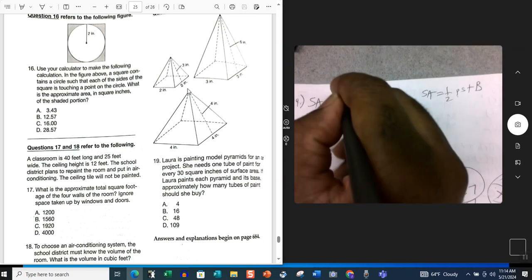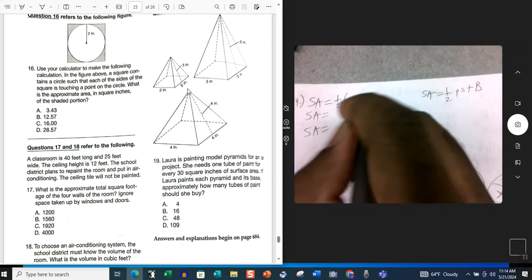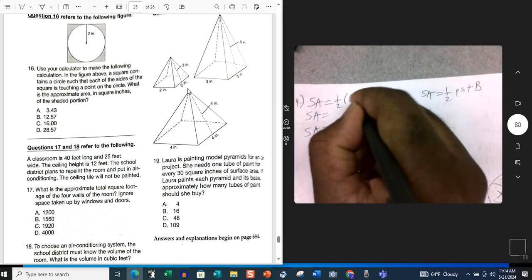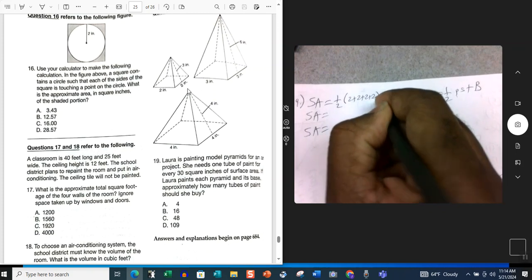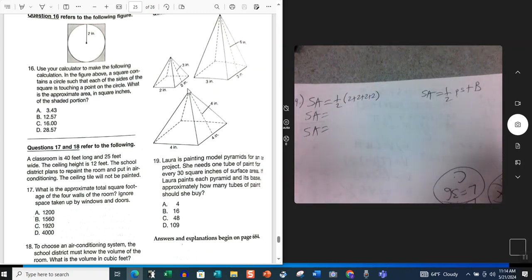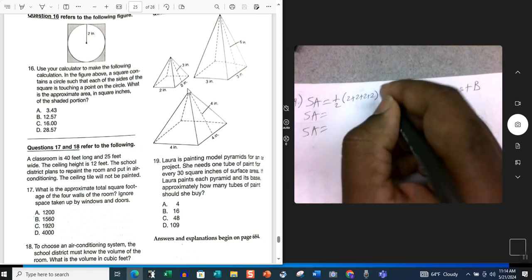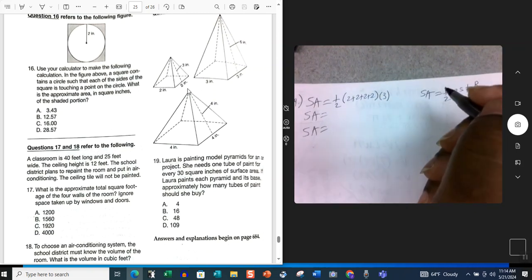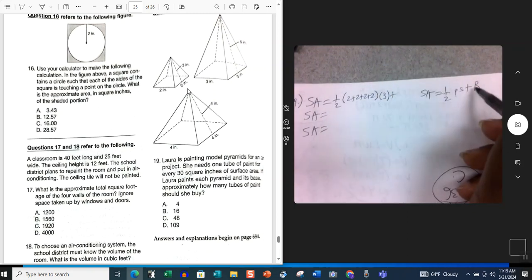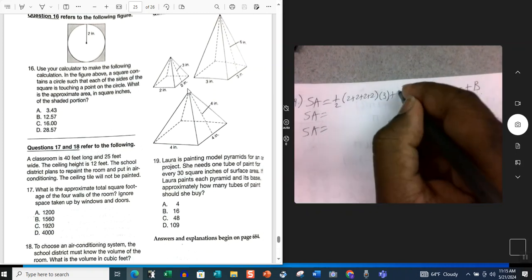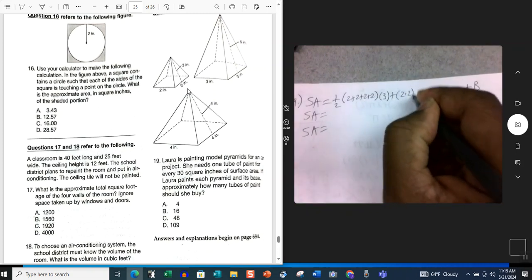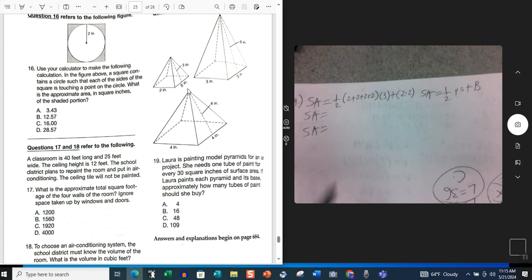So basically we will have 1/2 times the perimeter of the base. All of the sides are the same, which would be 2. And then the slant height, which would be 3 inches. And then plus the area of the base, which is length times width, which would be 2 times 2. Now that would take care of the first pyramid.